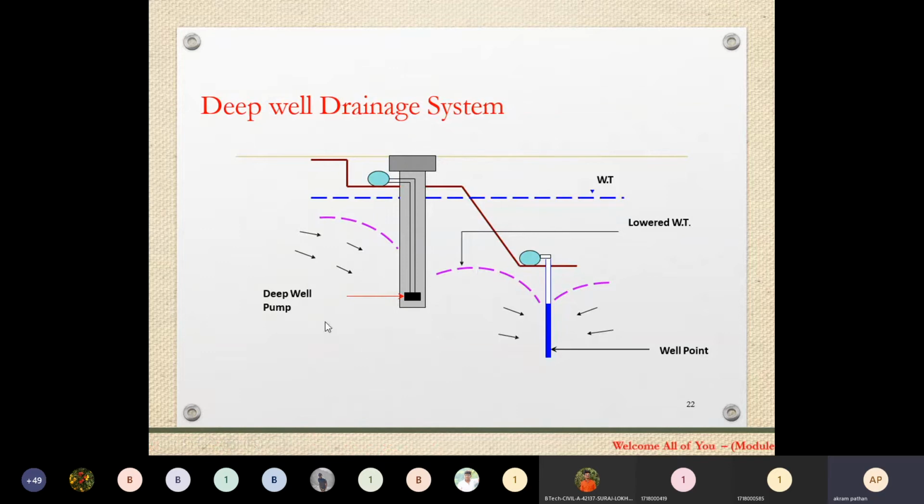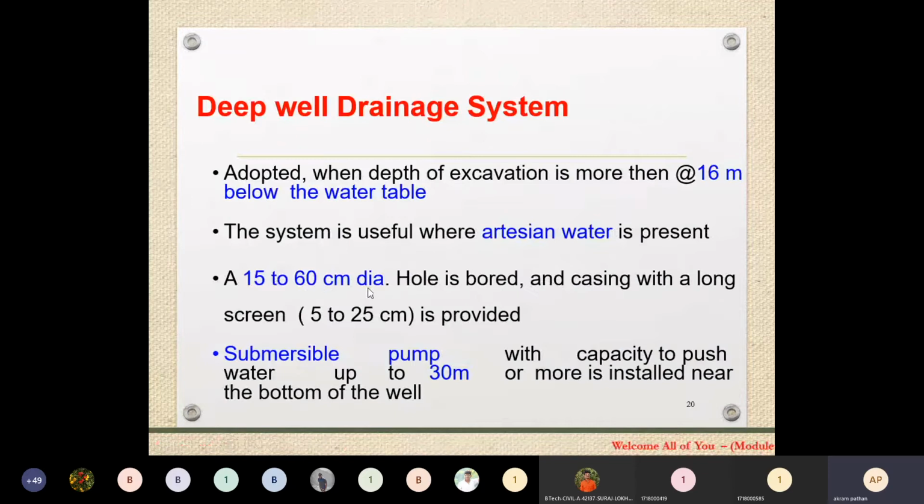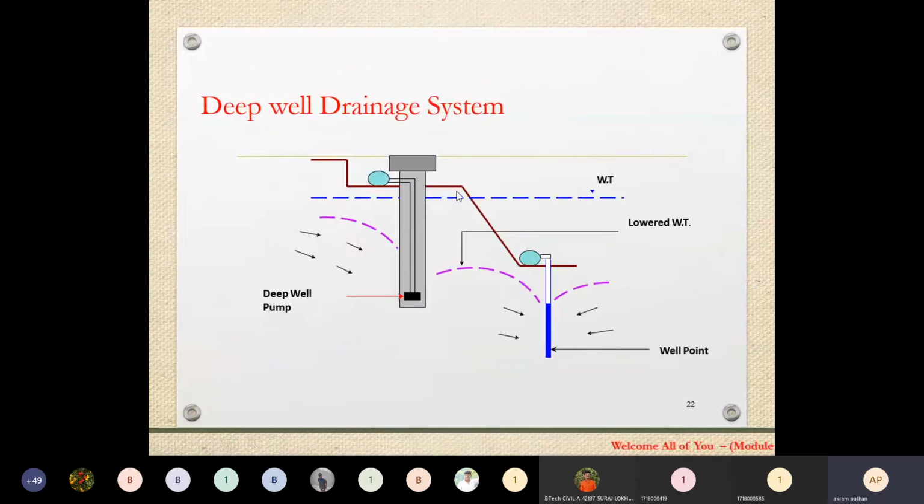Here in this diagram you can see the first deep well, which has a diameter of 15 to 60 centimeter, and we can excavate up to 30 meter, or if the artesian water is in large volume, then we have to excavate more than that 30 meter also.